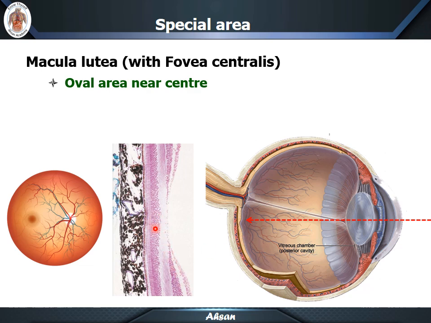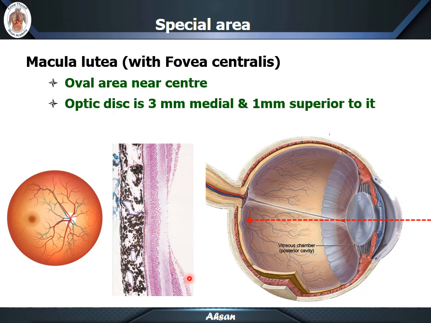Here the retina is very thin, and it is about 3 millimeter medial and 1 millimeter superior to the optic disc area, a bit away from this one, and it is situated at the posterior pole. Here you see the concentration of receptor cells is more, and it is responsible for good vision. Visual resolution is more here.